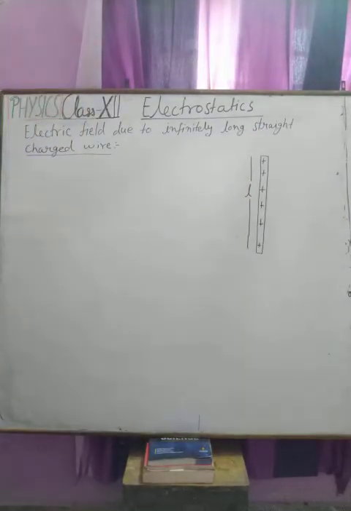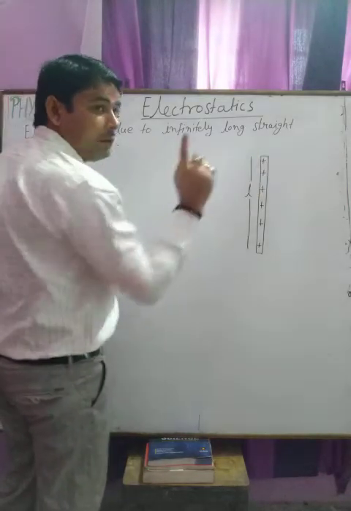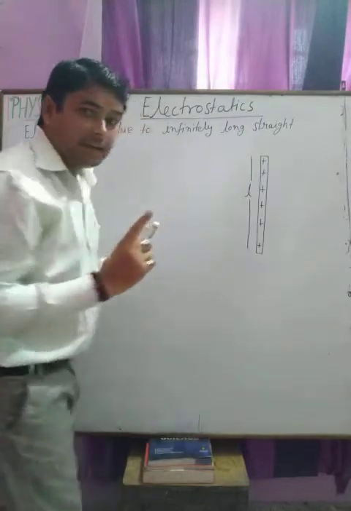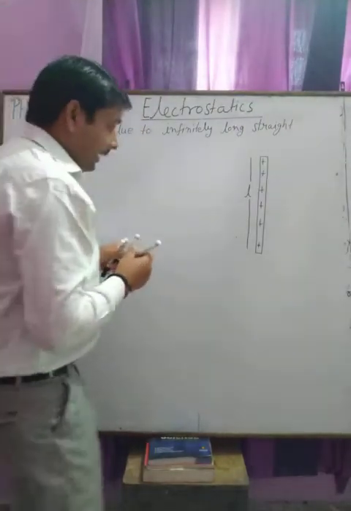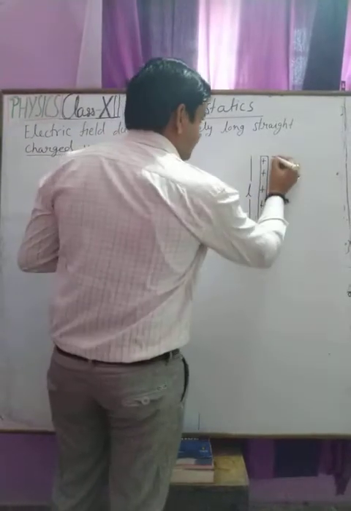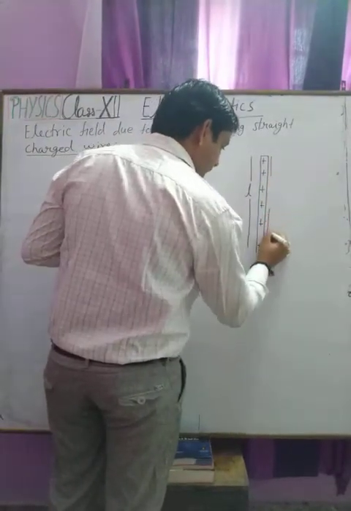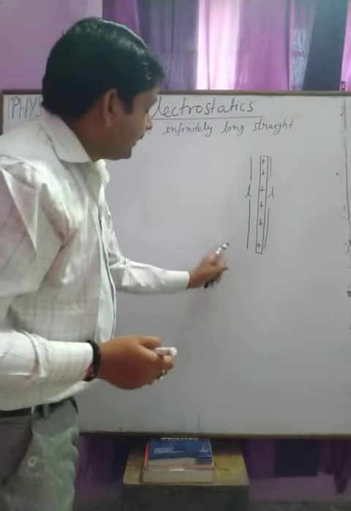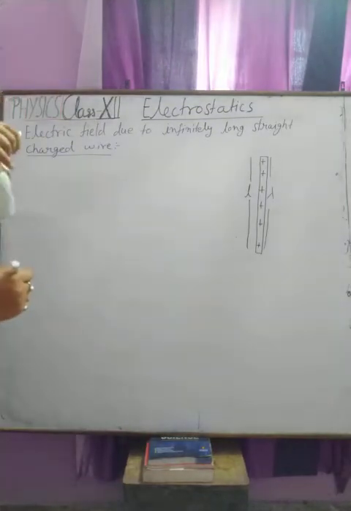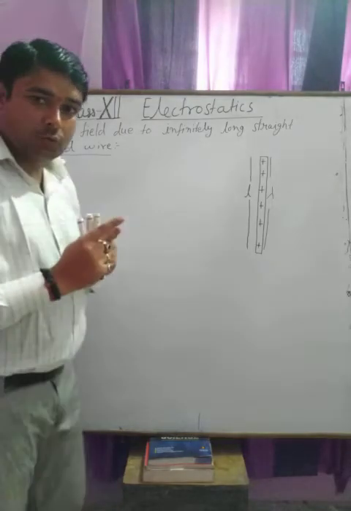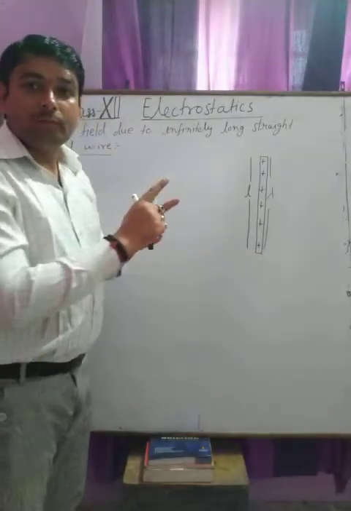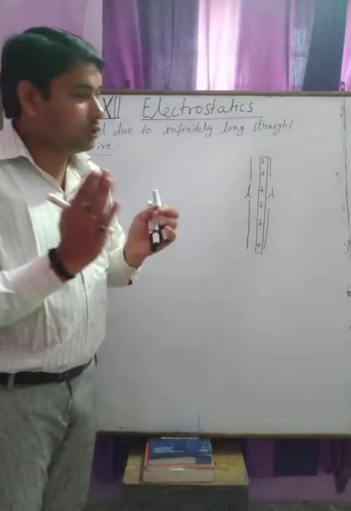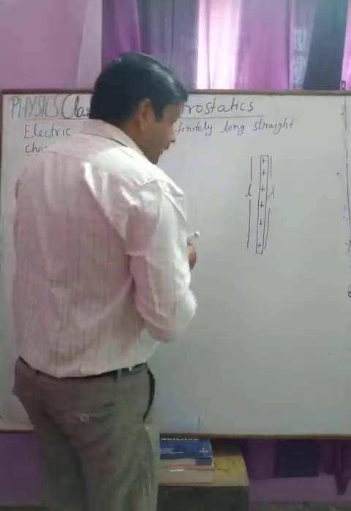Okay student, now I am taking here a charged wire which is charged with plus q charge and having a charge density lambda, over the length L. For calculating electric field due to this charged wire, we first need to imagine a Gaussian surface.